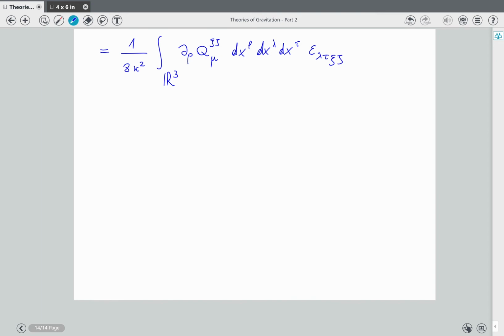And now you see that this is an exterior derivative because you have dx rho partial rho. So we will write it, first, as 1 divided by 8 kappa squared integral R3. That is the exterior derivative of this object.